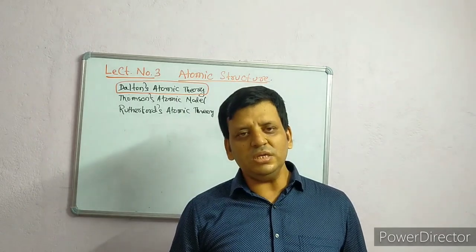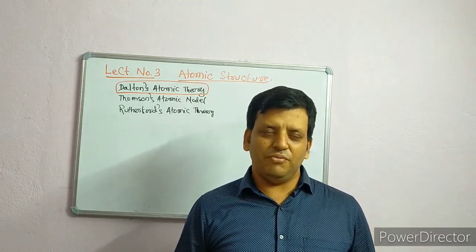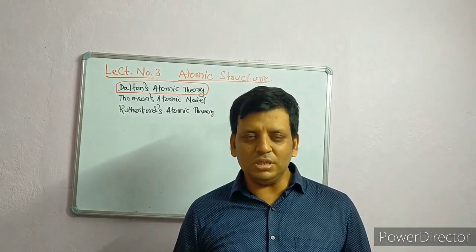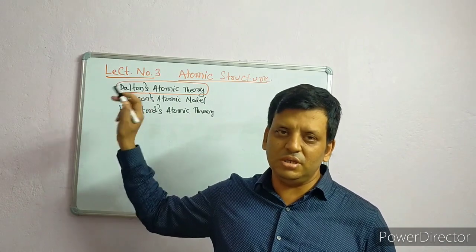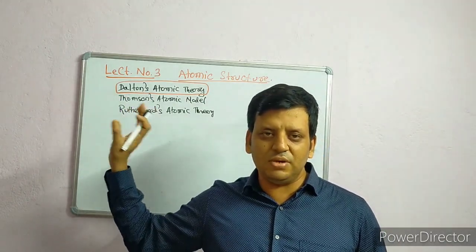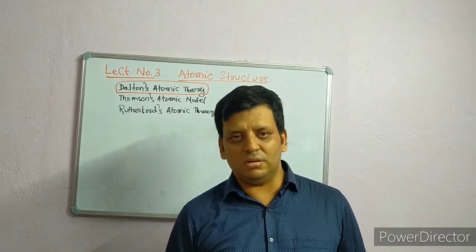Apart from these three theories, there were several other attempts to study the structure of atom, which were not noteworthy. That is why we are going to study these three theories only, because they are the basic theories on which the modern atomic theory is based.